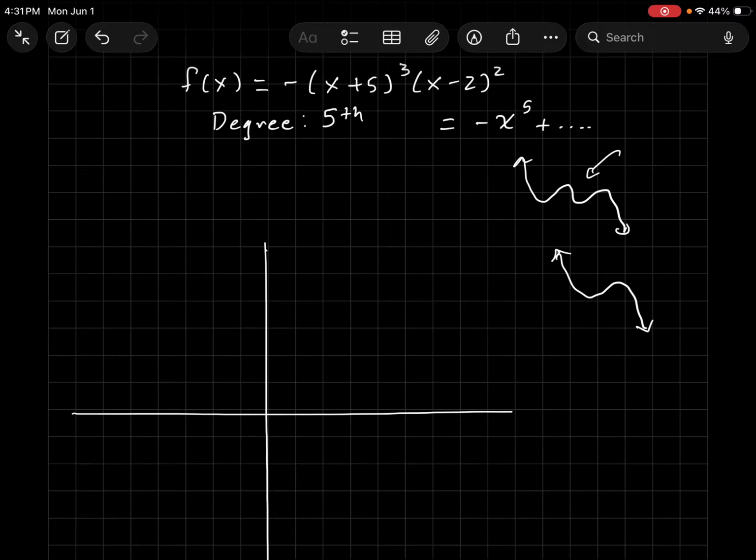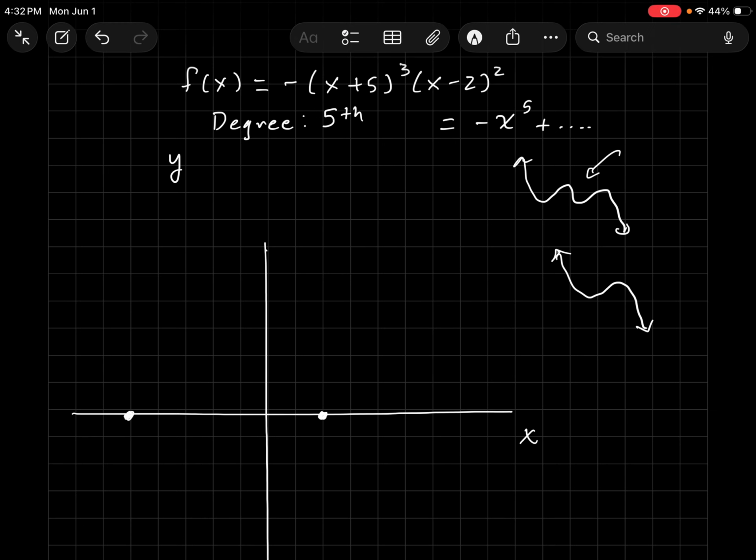Let's plot our zeros. That'll be negative 5. So I'll say that my x-axis is to scale. My y-axis is not necessarily to scale. I'll plot my other 0. So what we have, the zeros are negative 5 and 2.